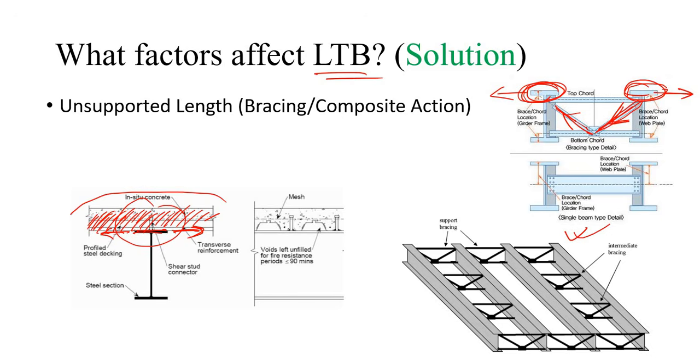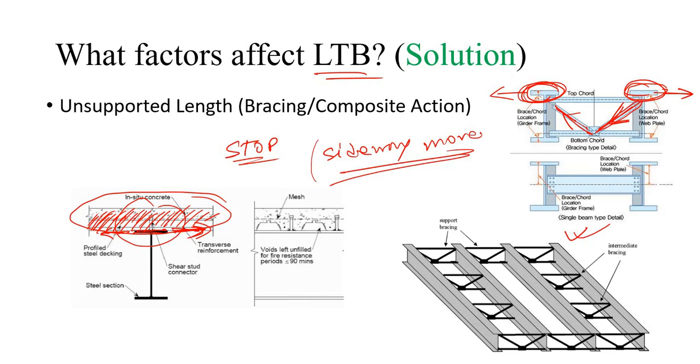Here is the big man, the concrete floor. It will not allow it to move sideways. Our mission is to stop the sideways movement. If we can stop this, we have eliminated LTB.